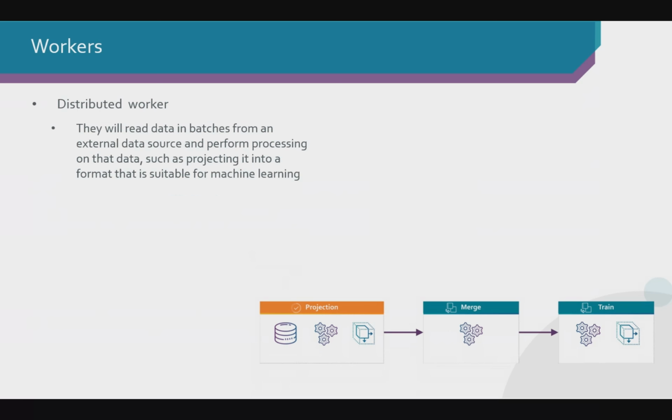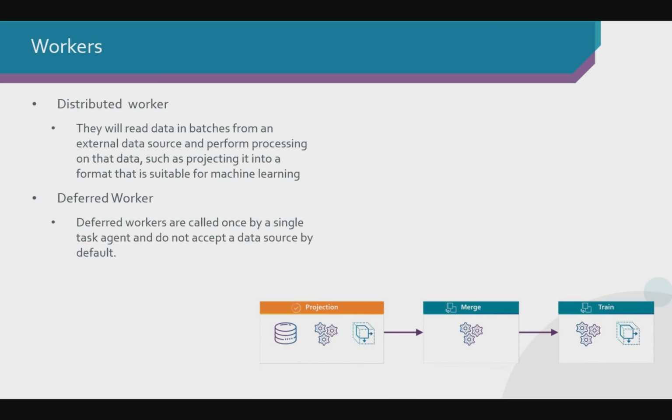Deferred workers are called once by a single task agent, and they do not accept a data source by default. So a deferred worker will mostly be performing some task which is not related to a data source.